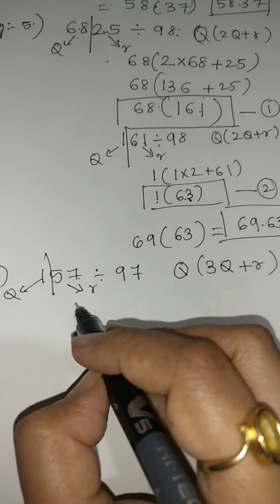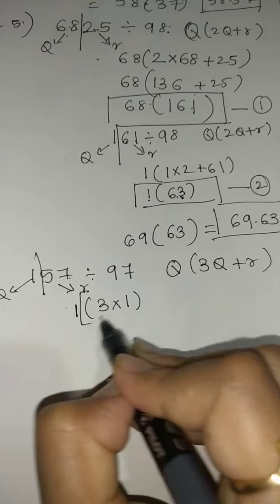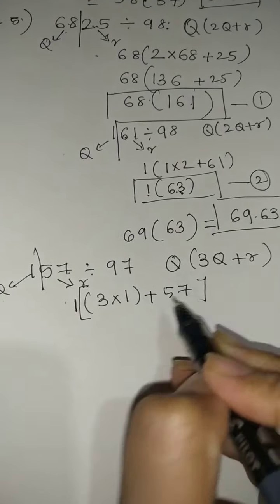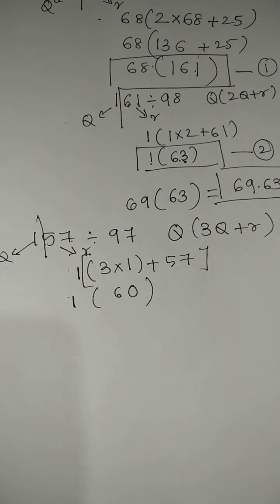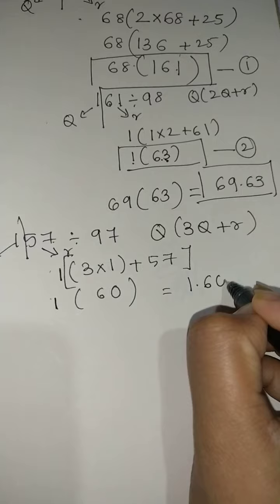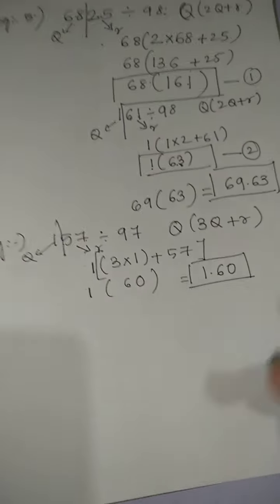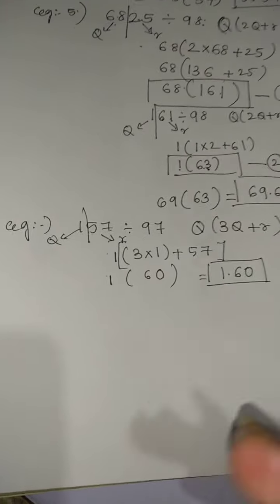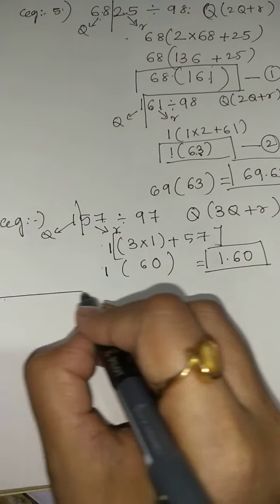So let me take 1, 3 into 1 plus 57. That becomes 1 and 60. Barabar? That is 3 plus 57 becomes 60. So my answer is 1.60. Okay, this was a simple example. Now I will show you where we have 2, 3 answers. Okay.